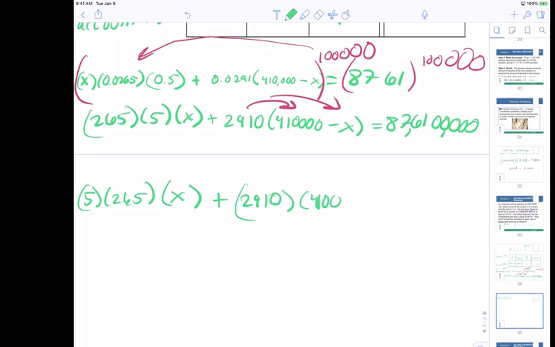Got to be neat. 41 0 triple 0. I'm going to leave those, and then it's going to be minus the 2910 times the x, and then the right stays as is. 87 610 triple. Nope, I didn't do that right. Hang on. 1 2 3, 1 2 3. There it is. 100 and then triple 0.